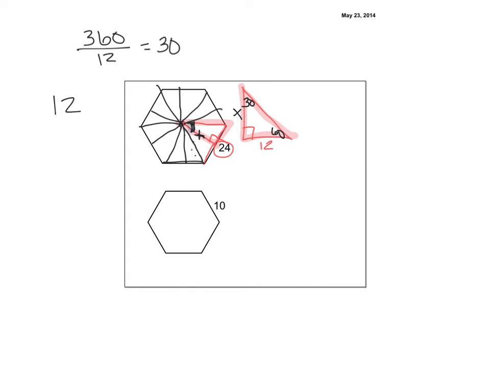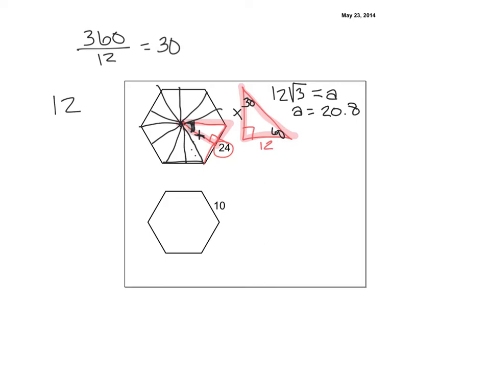So if you remember, to find that, we're going to take 12, and we're going to multiply that by the square root of 3. All right, so this is our apothem. And what I'm actually going to have you end up doing is multiplying that out to get a decimal to work with. So this will round to about 20.8. All right, so there's our apothem.